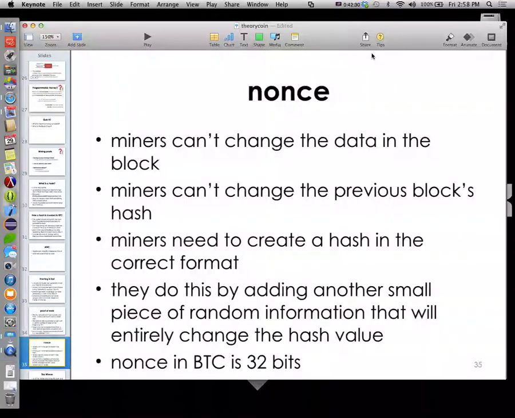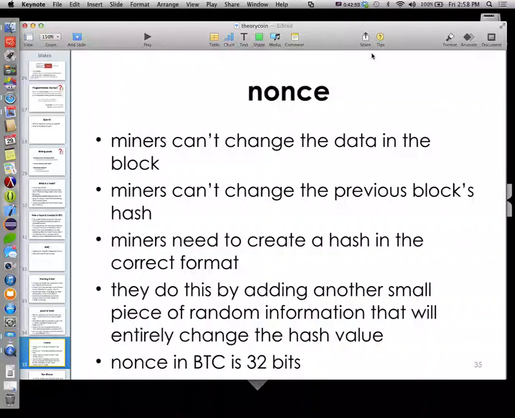So we introduced something called a nonce. And we'll start talking about this a little bit more next time, but just as a quick introduction, the nonce is something that we throw into the equation on top of our guess to try to add a little variability into our guess.